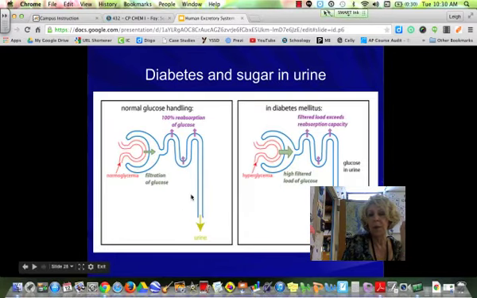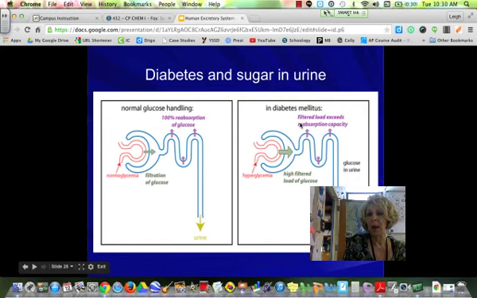The last problem I want to talk about with the kidneys is diabetes. A normal person that has insulin working correctly is going to have a normal amount of blood glucose. That glucose, of course, filters through because it's a relatively small molecule, and then we have to reabsorb it back into our blood.